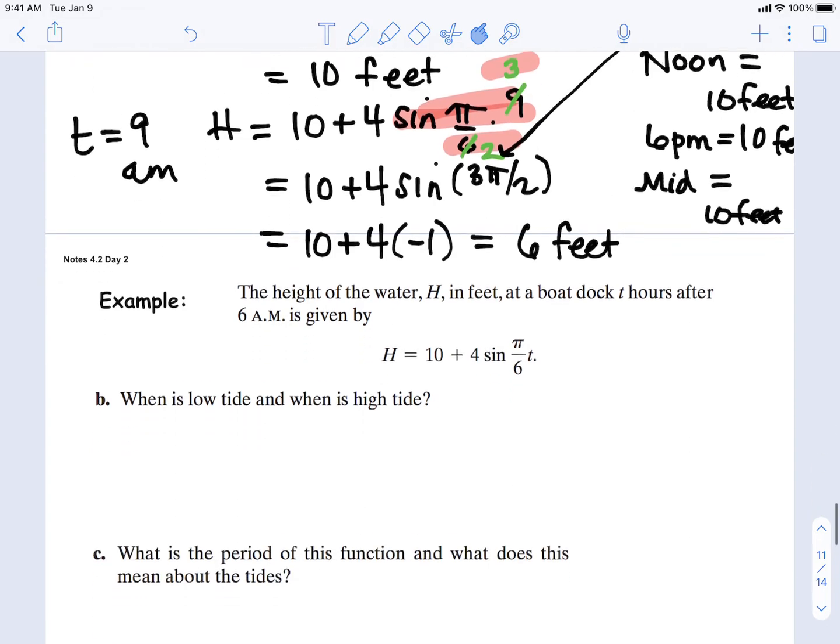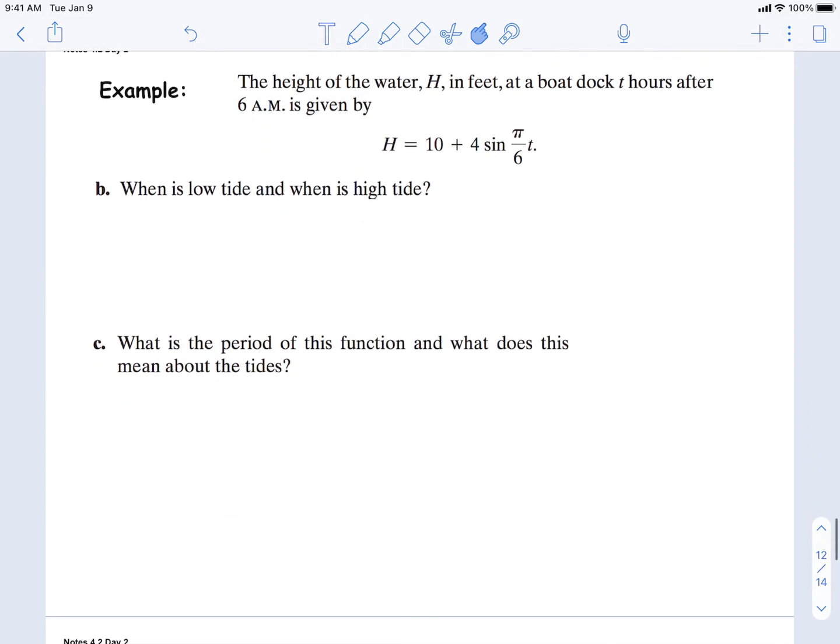All right. When is the low and the high tide? So when is it its highest, and when is its lowest? So if we think about that previous part, here is 3 pi over 2, which was 9 hours later.